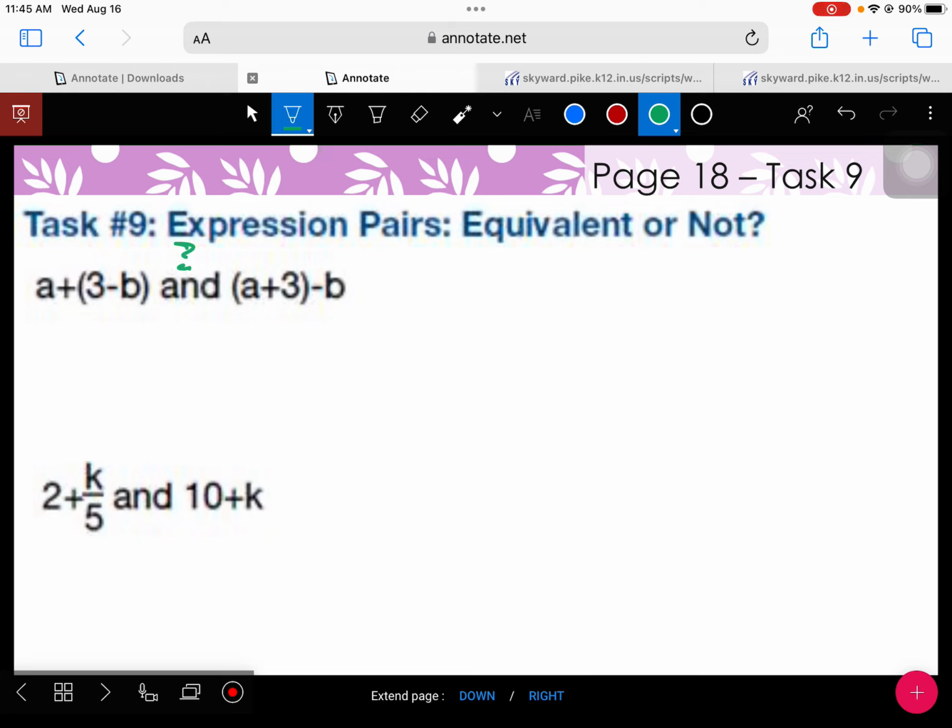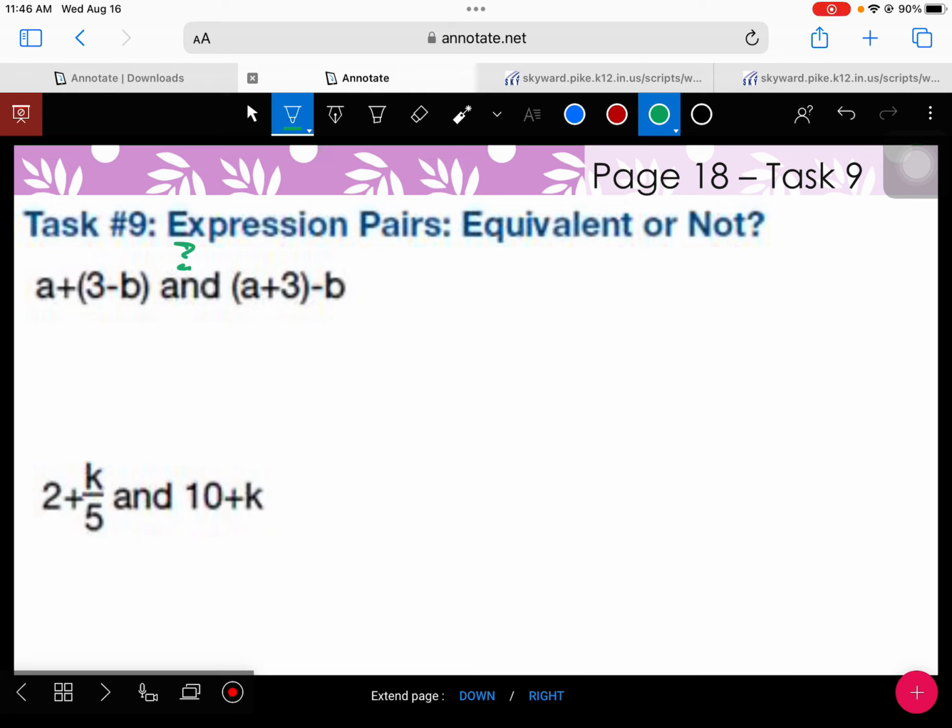It is a minus b, but you're not distributing it. 3 and b is not the same, so you can't simplify it together. Right. To a point, yes.